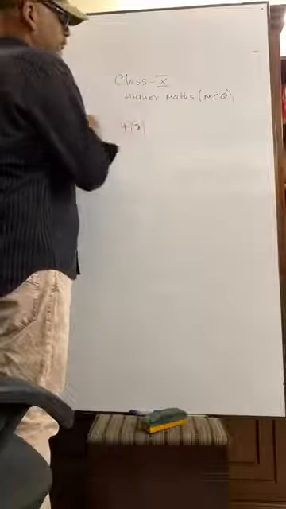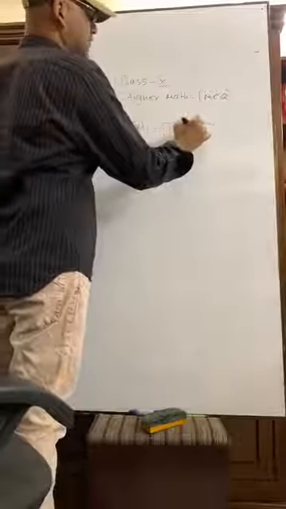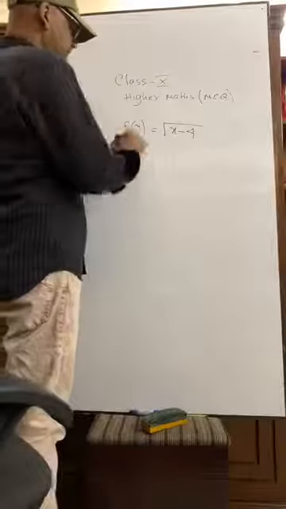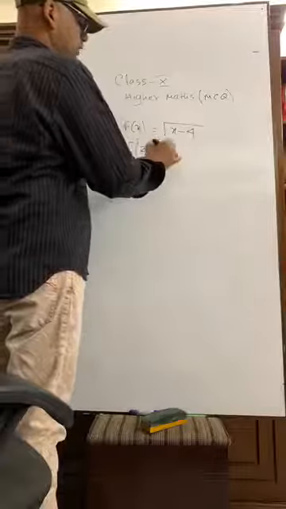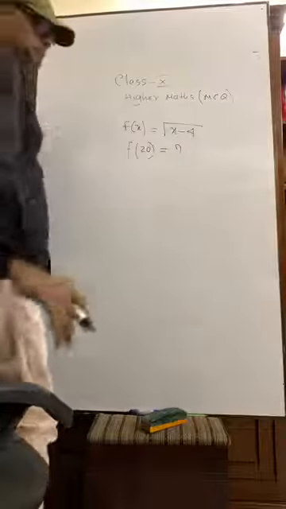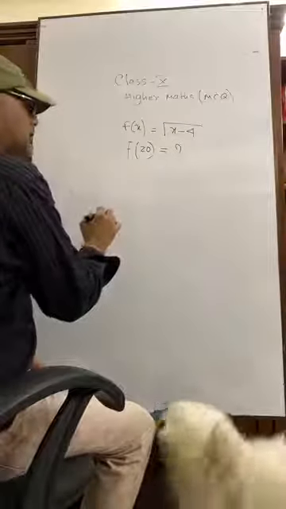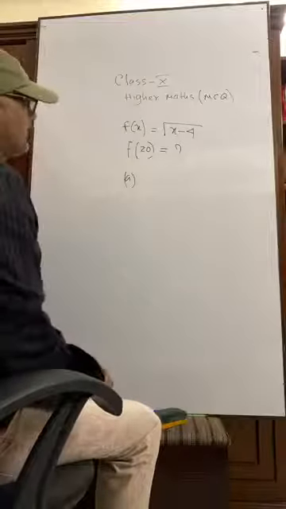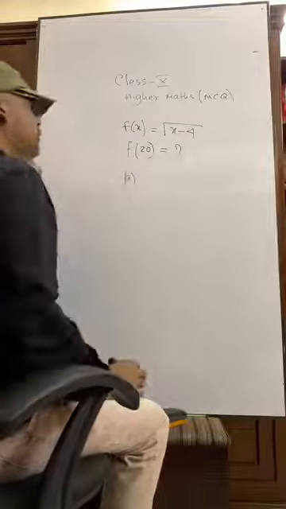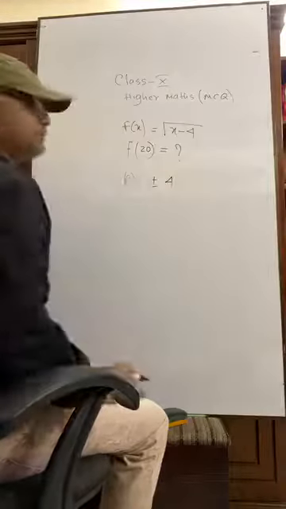f(x) equals root over x minus 4. f of 20 equals what? Number A, f of 20 equals plus minus 4.